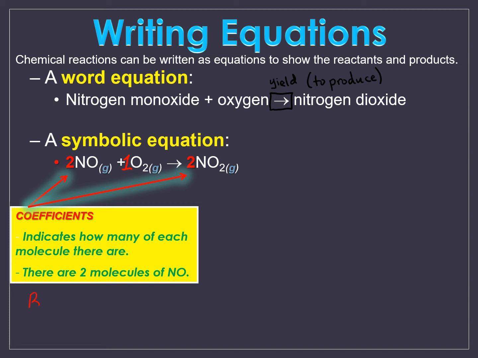It is the big numbers in front. Okay, and those big numbers tell us the number of molecules there are. So what does the coefficient exactly tell us? It tells us the required number of molecules for this reaction to occur.